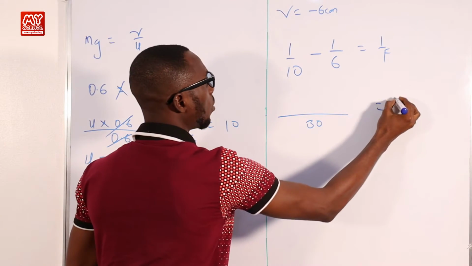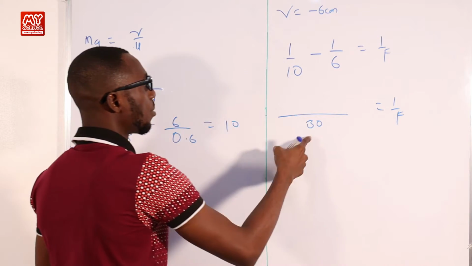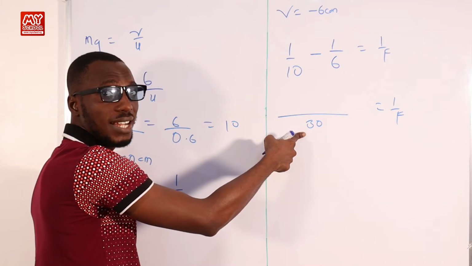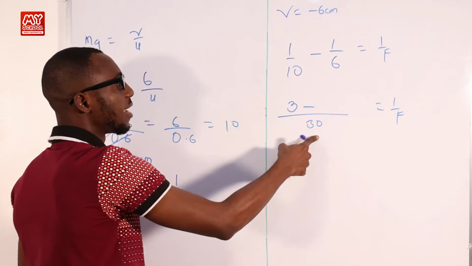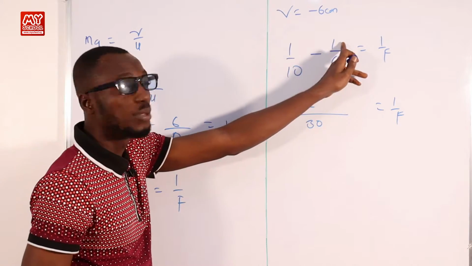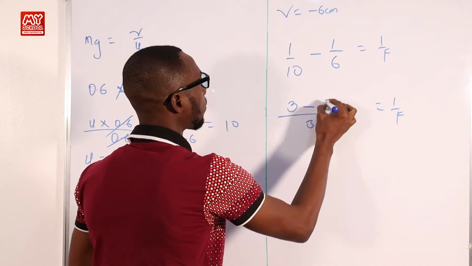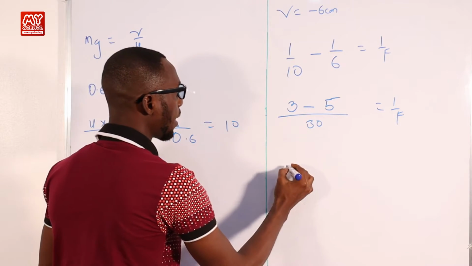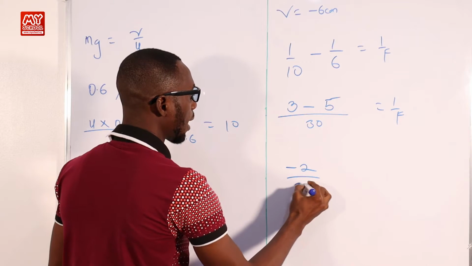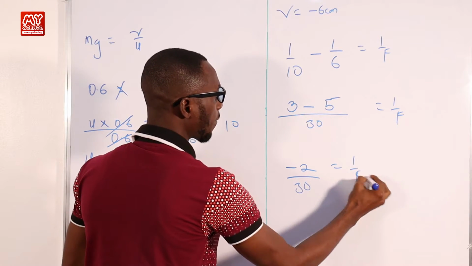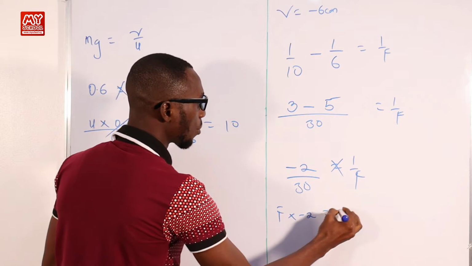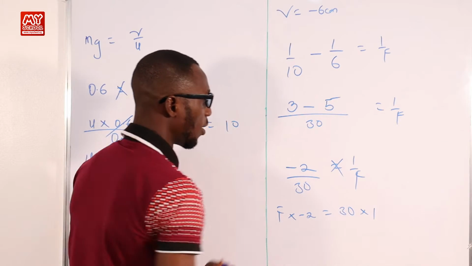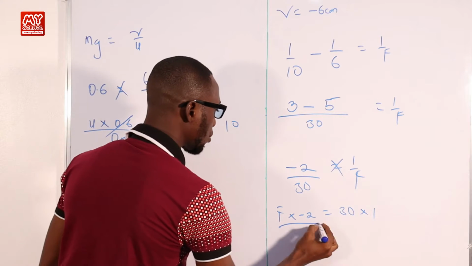So this is 10 in 30, that is 3 times 1, that is 3, minus 6 in 30, that is 5, times 1, that is 5. So we'd have 3 minus 5, that is minus 2 over 30 equals 1 over F. When we cross multiply, we have F times minus 2 equals 30 times 1. We divide both sides by minus 2.